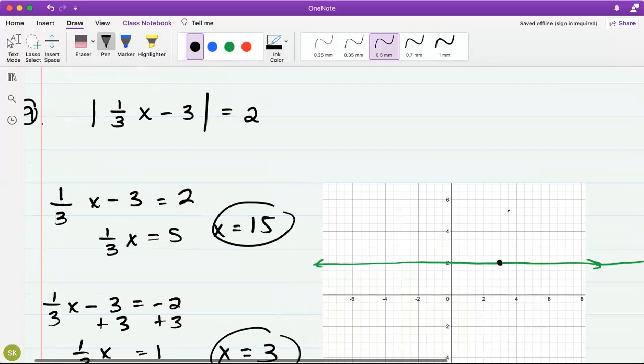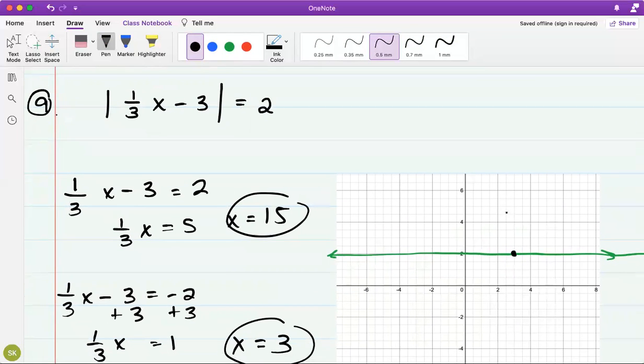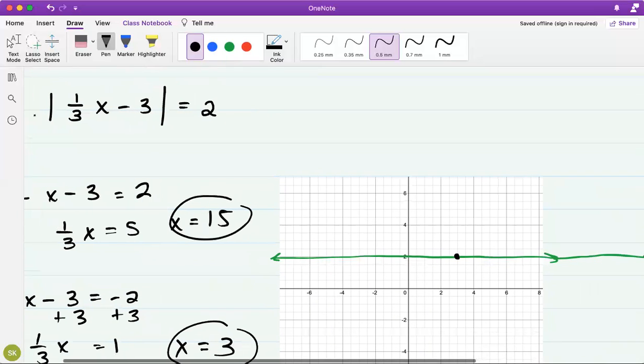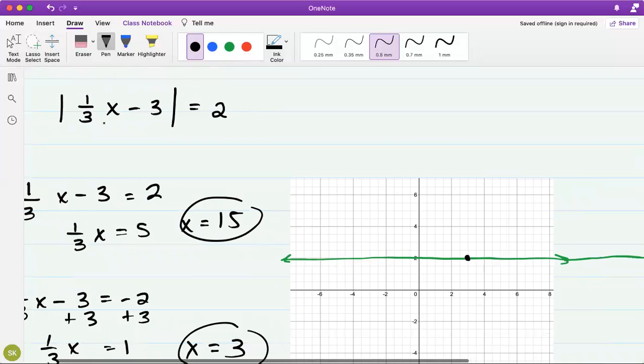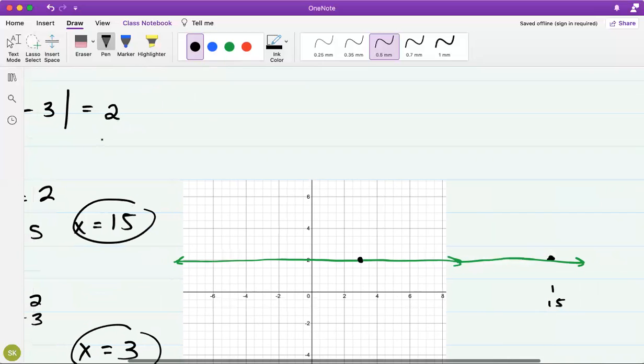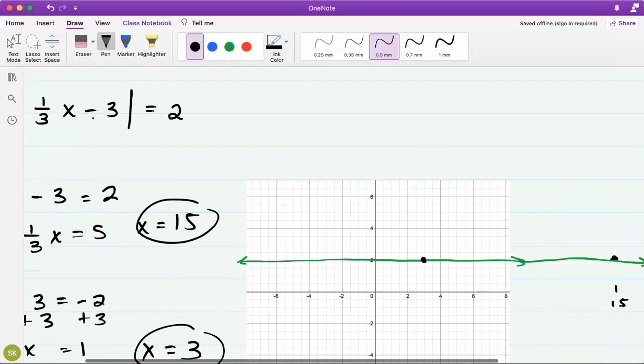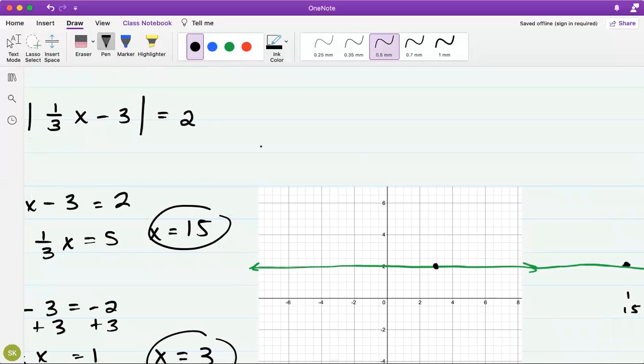And then you could finish drawing this if you wanted to, because you can see that this is pointing upward. We don't have a negative with the x or on the outside. And we don't move up. We just move to the right and we stretch our graph.